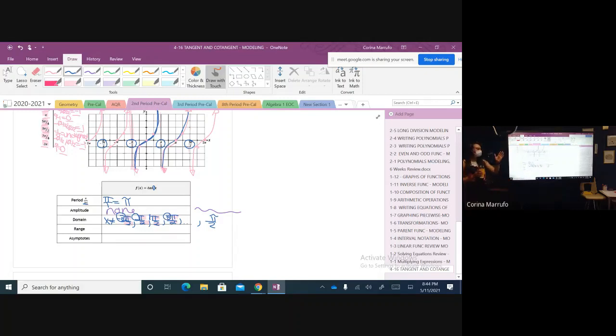So if we continue that pattern, it seems like all of these are odd numbers, right? So the way you write an odd number would be 2n plus 1. Okay. And n can be any number, but it has to be a whole number. So that's why we're using n. So if you put, for example, 1, 2 times 1 is 2 plus 1 is 3.